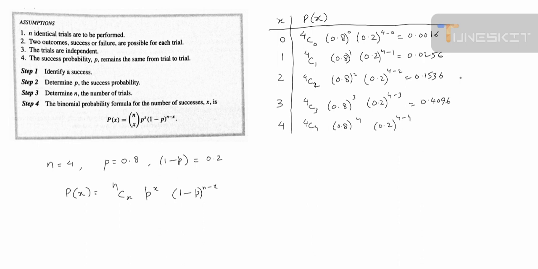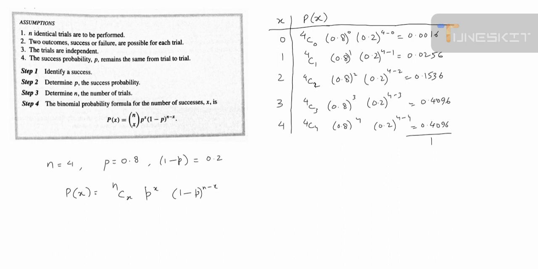Then we have 4C4 is 1. 0.8 to the power 4 is the only factor that needs to be worked out in this case, because 0.2 to the power 4 minus 4 will give us 1. So again, when we work out the probability, this is 0.4096.